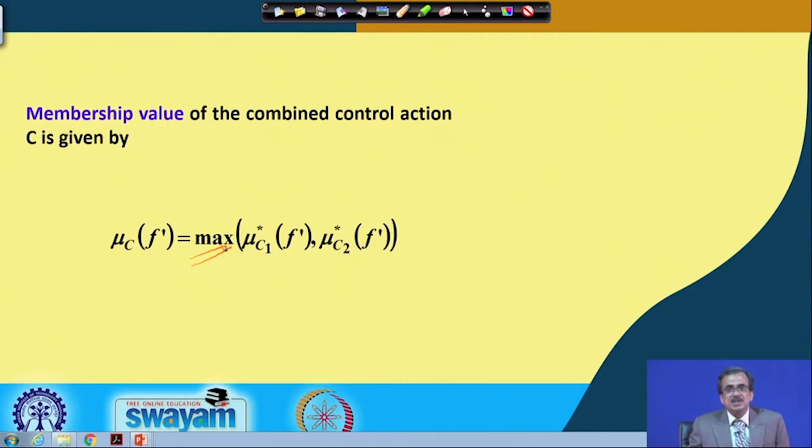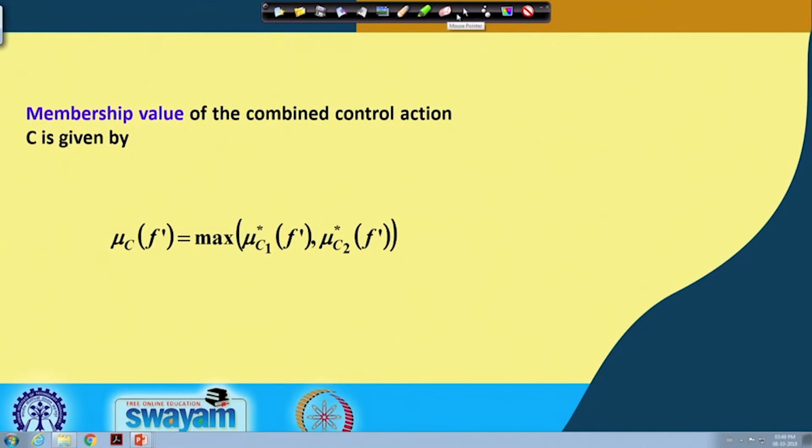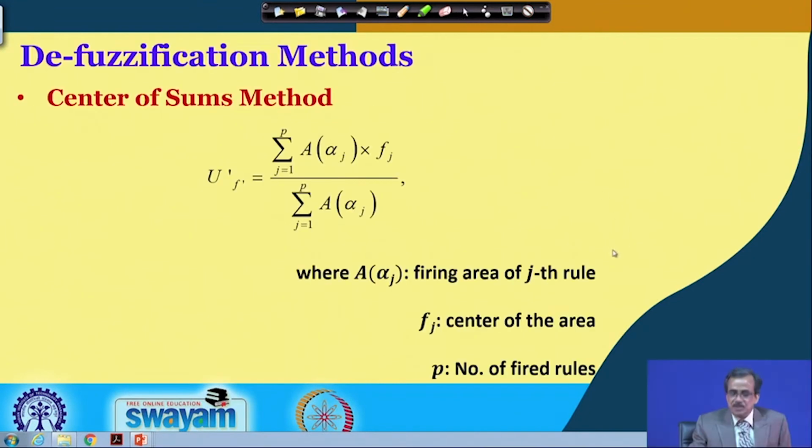Using the concept of max operator, we can find out what should be the output, but this particular output is nothing but the fuzzified output. So, we will have to take the help of some sort of de-fuzzification.